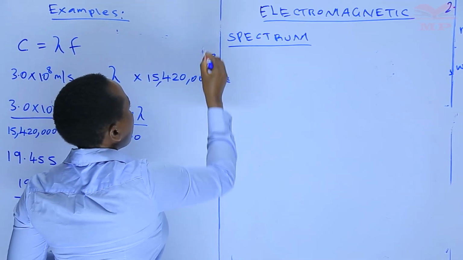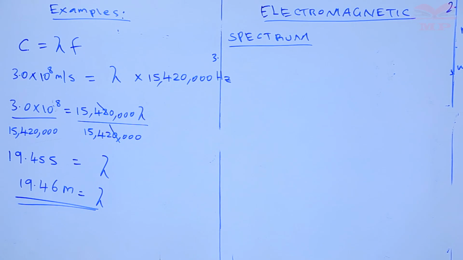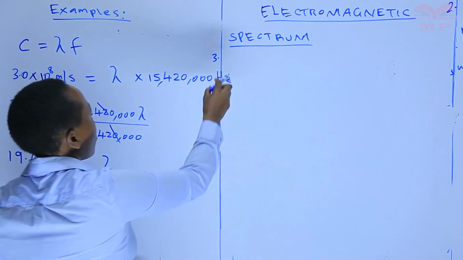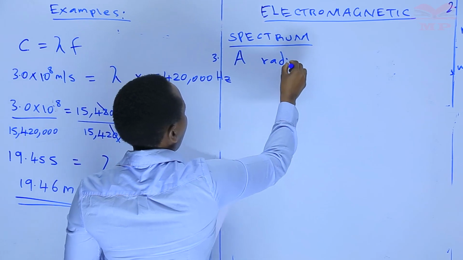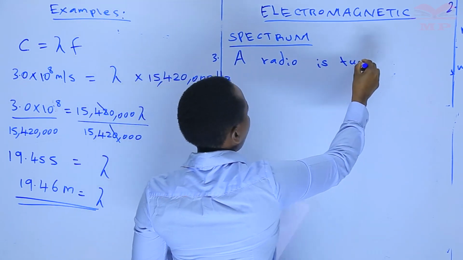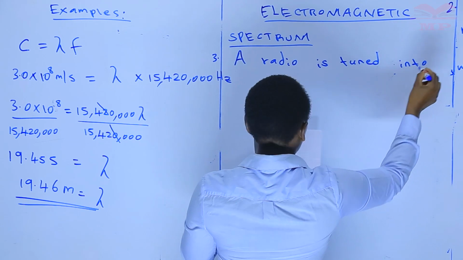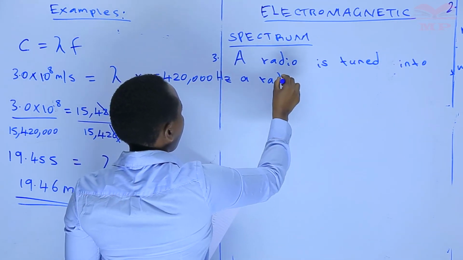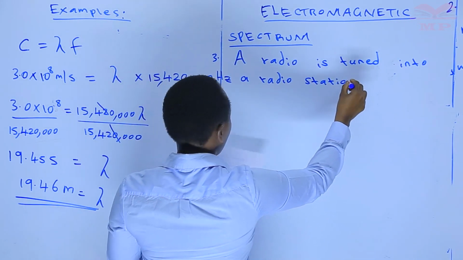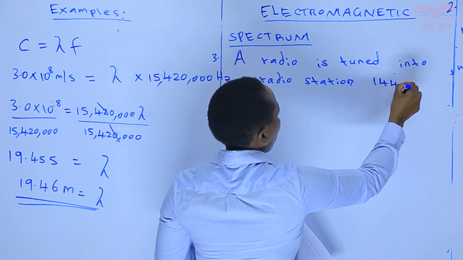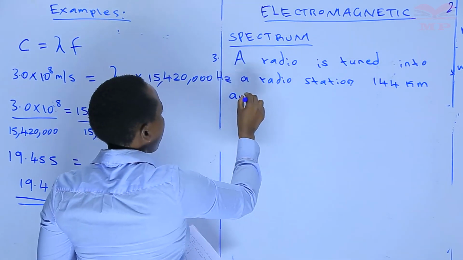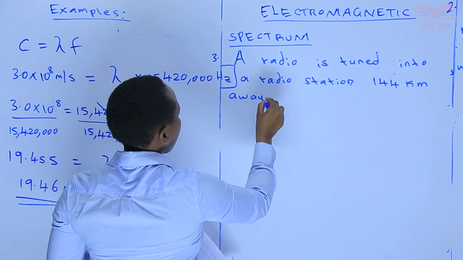Example 3. Question 3, we have the following question. We are told that a radio is tuned into a radio station 144 kilometers away.